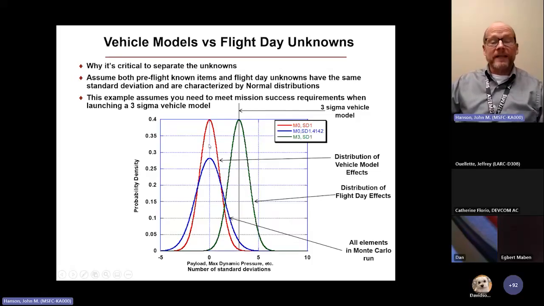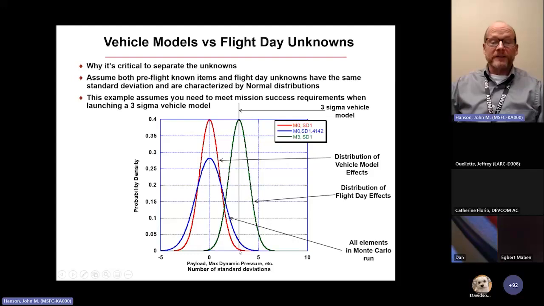But actually, that's not the case. When you actually launch this thing, you're going to understand things a whole lot better about that particular vehicle. And on the red curve of the vehicle effects, let's say that I wanted to cover for a 3 sigma vehicle effect. So I get a 3 sigma vehicle model, and that's where this vertical line is over at 3 here. And I center the uncertainty of the flight day effects at that 3 sigma value.